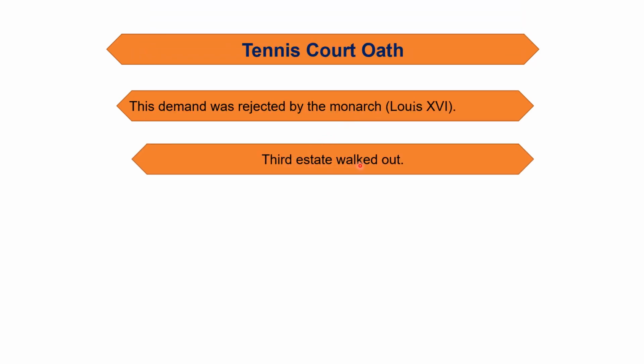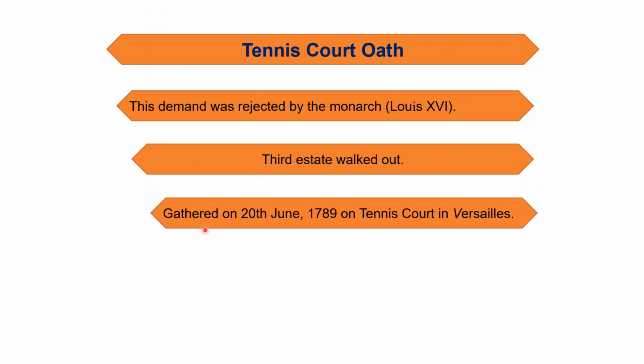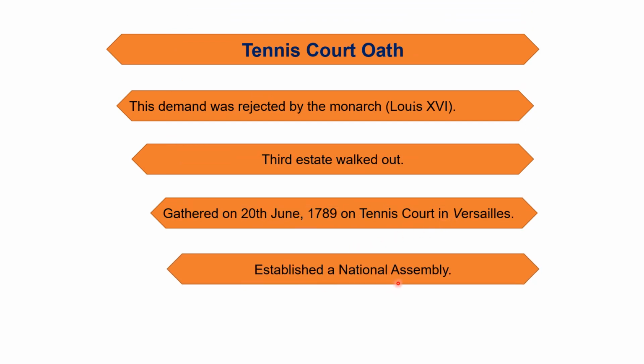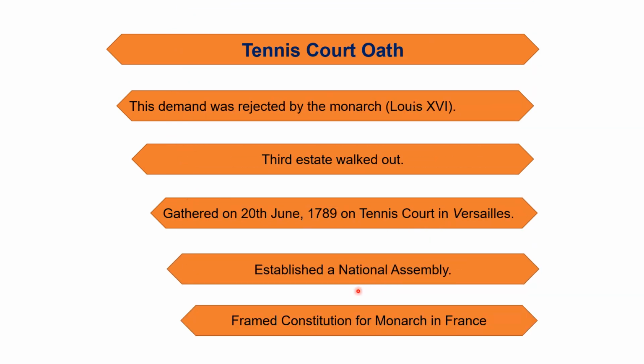The third estate walked out and gathered on 20th June 1789 on the tennis court in Versailles, established a National Assembly, and framed a constitution for the monarchy in France.